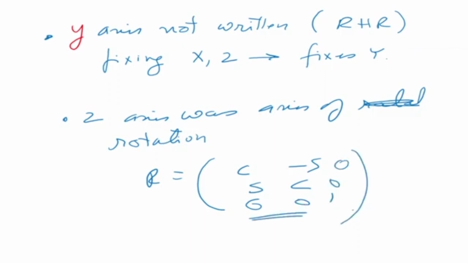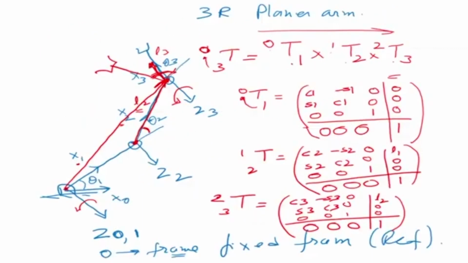This is always the rotation matrix because it's always rotation about z only. That is the reason why I took z as the same, and the revolute axis was perpendicular to this plane. They are assigned as z, so the rotation is always about z. Now if I multiply these three matrices, I'm going to multiply them out.